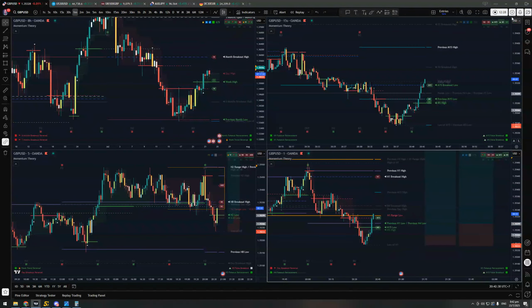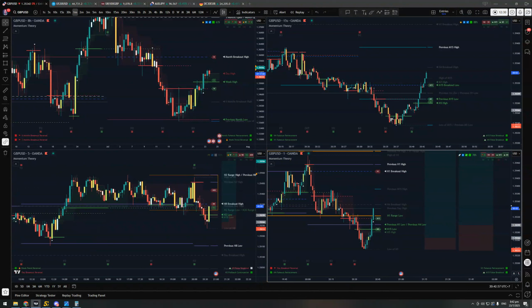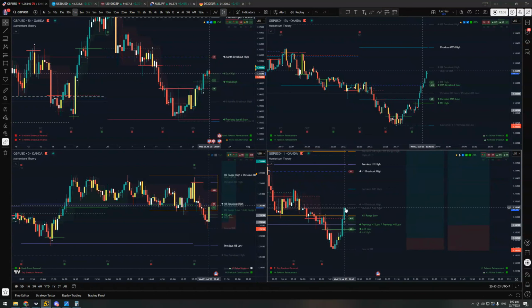Okay, 20 more seconds. All right, here you go. 3 seconds here. Close and continuation. Want to see price continue to push up. And then I'm looking at the timer. Want to see 15 or 10-second closures.